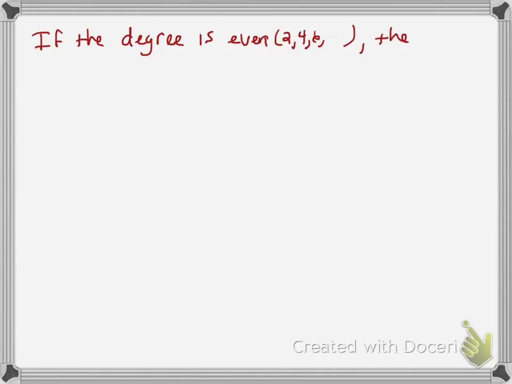All right. Now, if the degree is even, which means it's anything that is 2, 4, 6, and so forth, right? The end behavior will be going in the same direction.